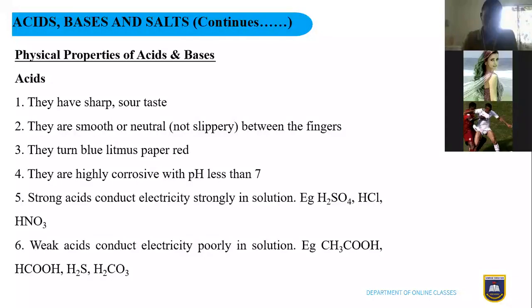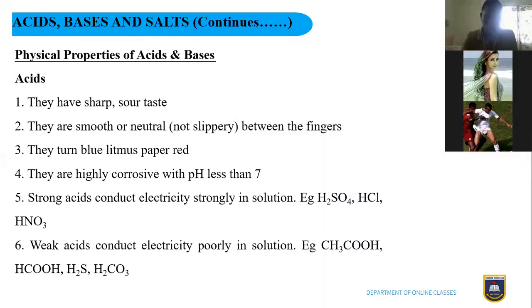Now, strong acids ionize completely in water. Conductivity of electricity is by movement of ions, or electrons, but in this case, ions. So the more ions you have in solution, the higher the conductivity of that solution.